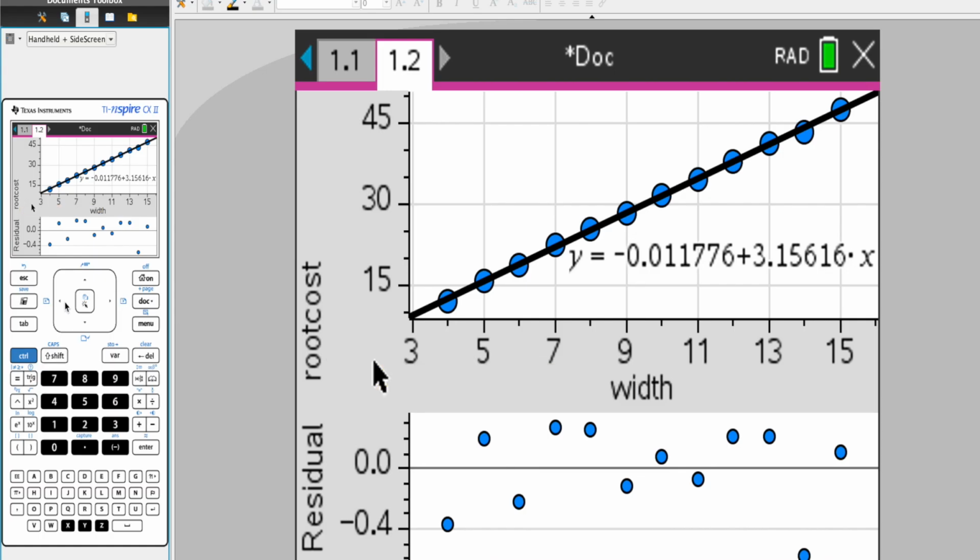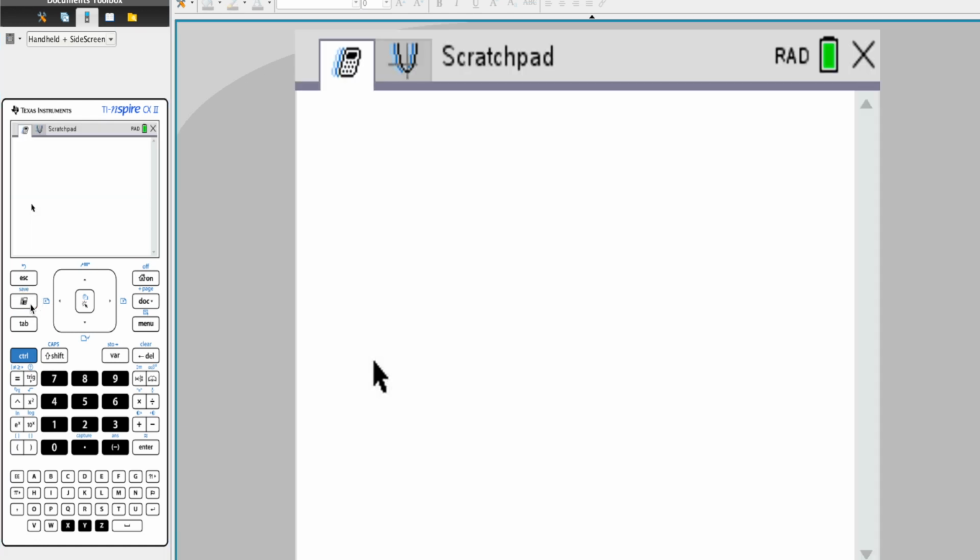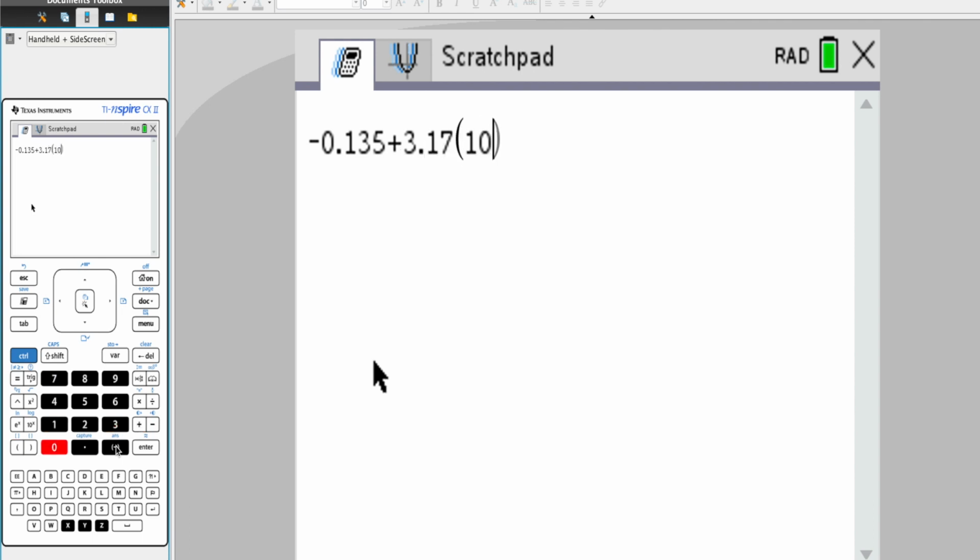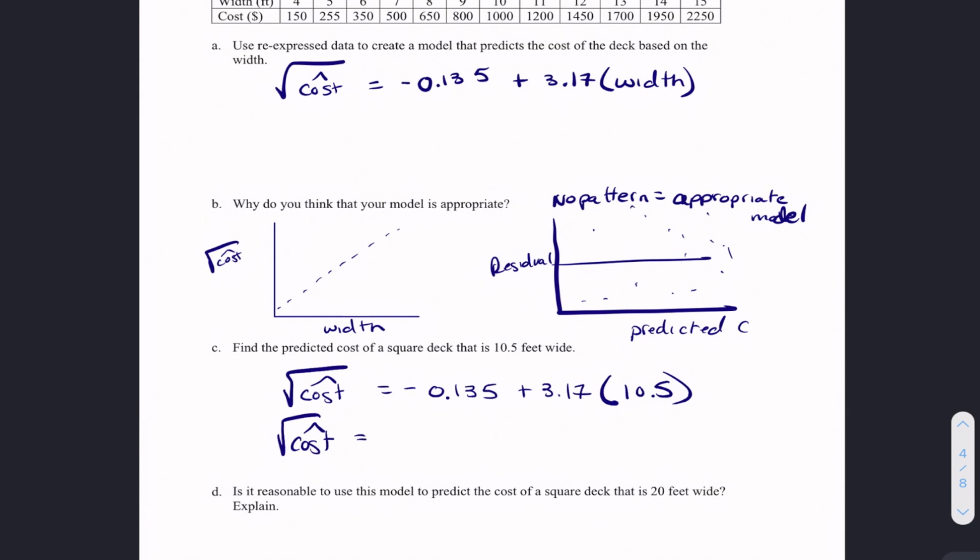And now on my calculator, I can just hit the button right under the escape and it gets me to my scratch pad. So what I have is negative 0.135 plus 3.17 parentheses 10.5. Enter. I get the square root of cost is equal to 33.15.